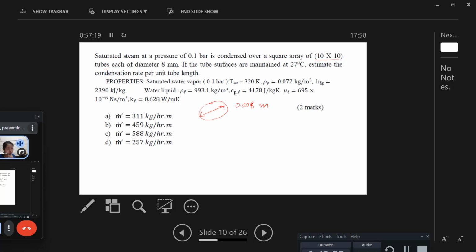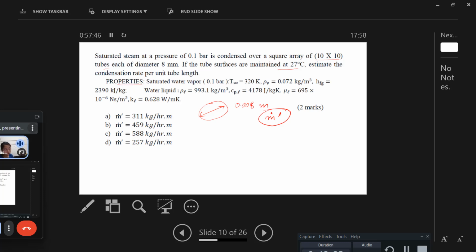If the tube surfaces are maintained at 27 degrees Celsius, estimate the condensation rate per unit tube length. So the tube surface Ts is 27, and you need to find out the condensation rate, that means m dot per unit length, m dot prime. This is asked to find out.